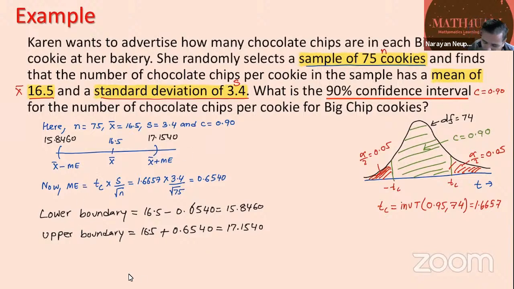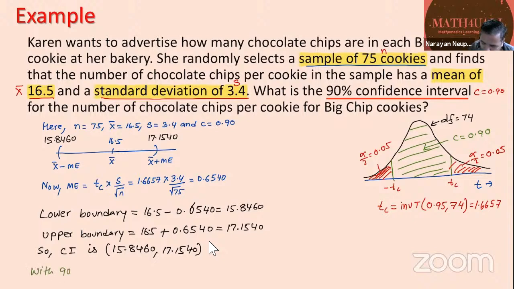So your confidence interval is from 15.8460 up to 17.1540. That means with 90% confidence, we can say that the mean lies between these two values. So let's write that conclusion there.